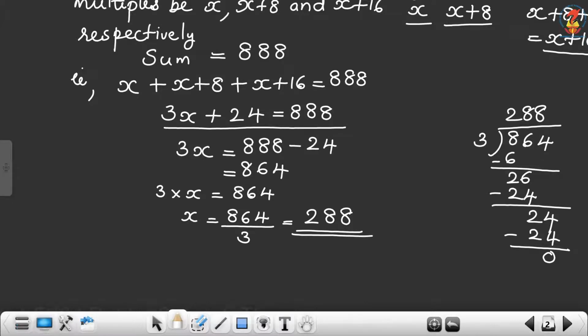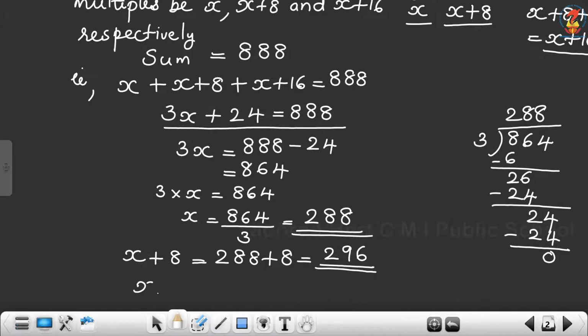x means the first multiple is 288. Then what about the second multiple? Second multiple is x plus 8 equal to 288 plus 8. What is 288 plus 8? 296. This is the second multiple.